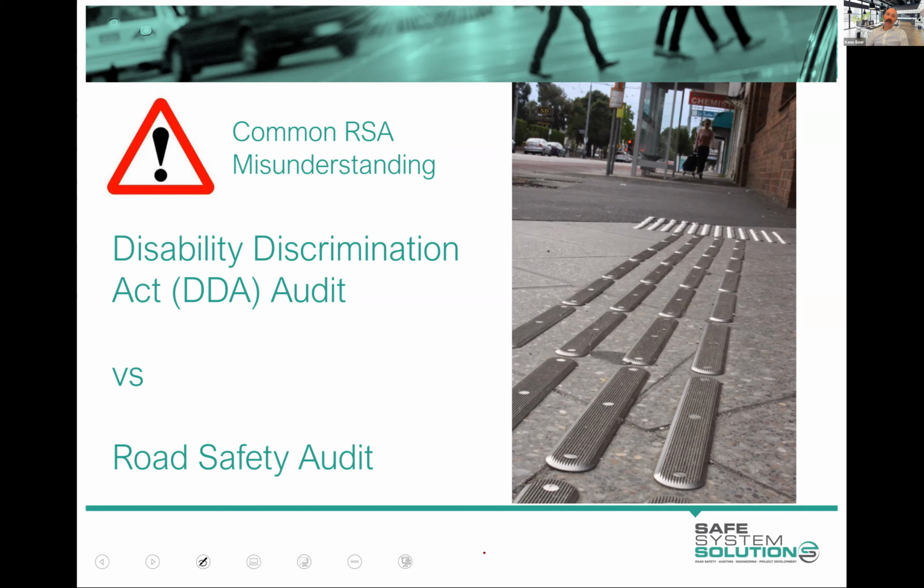Now, a road safety audit is not a DDA audit. But you just need to be clear that your client understands that, and doesn't expect that now they've ticked that box. They're two different things.